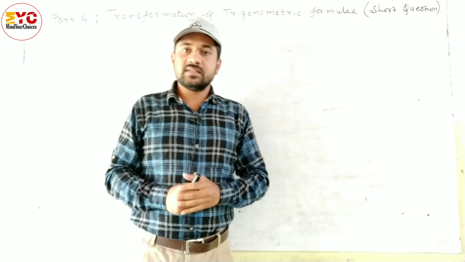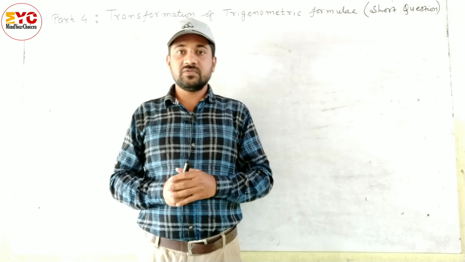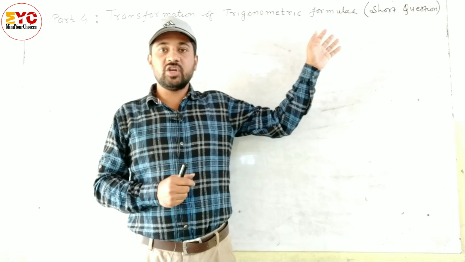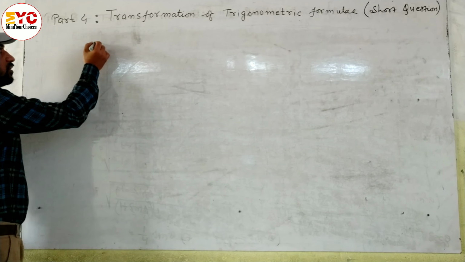So before starting this topic, I'm going to provide you some formulas which is related with transformation of trigonometric formula. Let's take a start. First of all, write down the formulas.